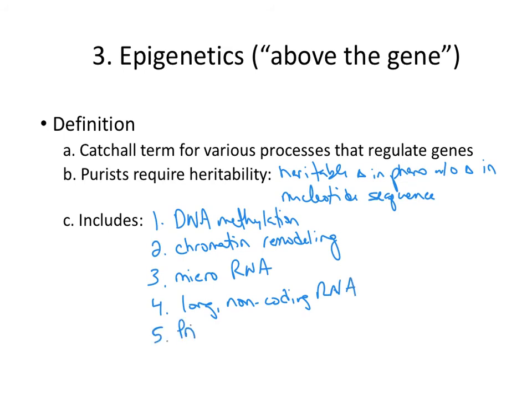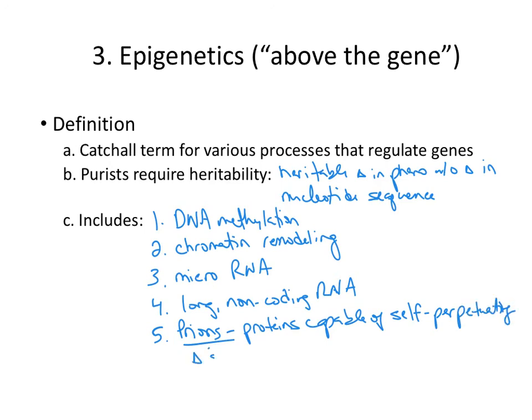5 are prions. So prions we're going to define a little bit here, and we're not going to get back to them again. So prions are proteins that are capable of self-perpetuating changes in protein shape.